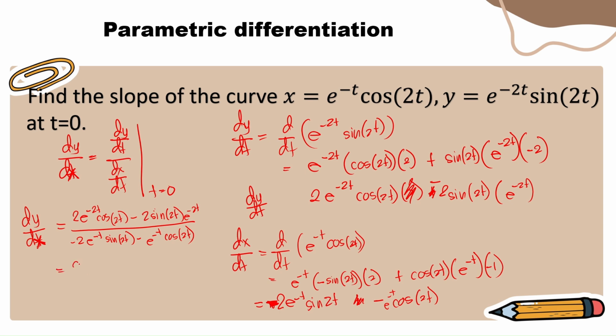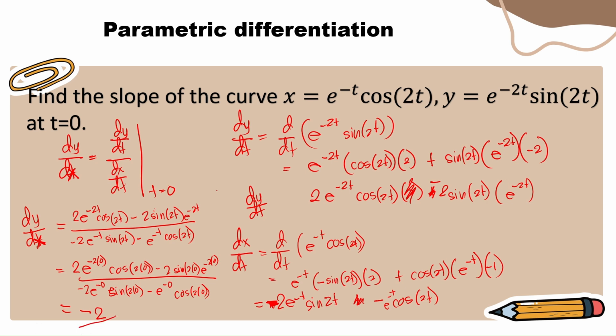So we will have e raised to negative 2 times 0 cosine 2 times 0 minus 2 sine 2 times 0 e raised to negative 2 times 0, over negative 2 e raised to negative 0 sine 2 times 0 minus e raised to negative 0 cosine 2 times 0. If we evaluate this one, what we get is negative 2.